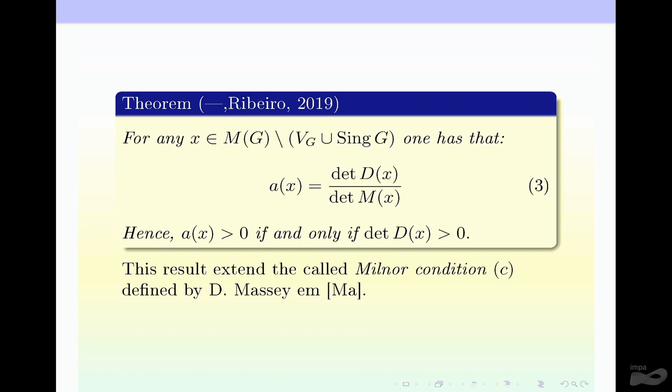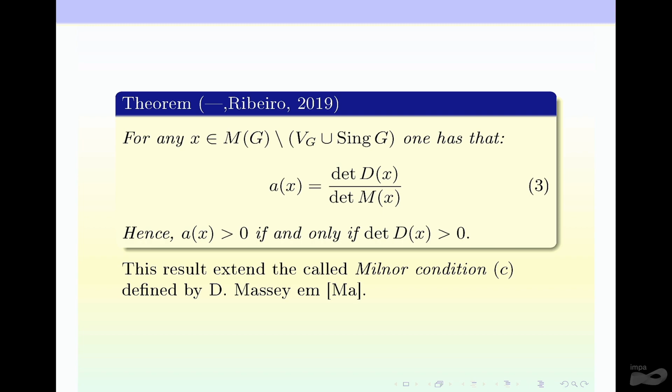This result extends a condition defined by David Massey. I'll check if I have the reference here, but I think I remember the title and I can write down everything. I'm not sure if I put it in the end, but I can provide it if you want. But anyway, for the moment, forget about this.